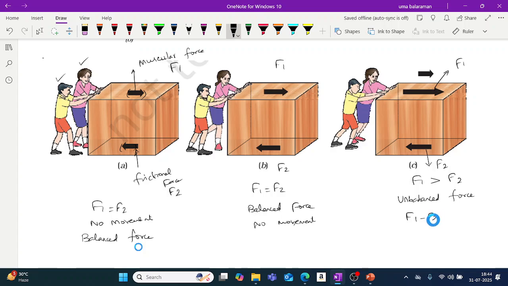F1 minus F2 is not equal to 0. So, which side is it moving? The direction of F1.